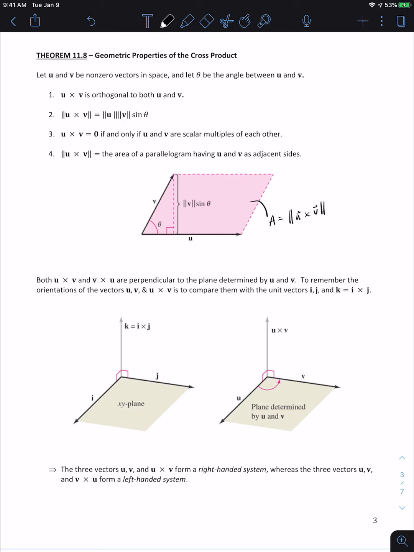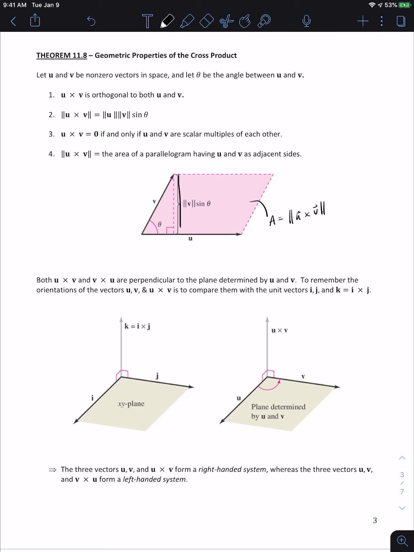And that makes sense because in order to find the area of a parallelogram, it would be the length of this side, which is the magnitude of u, times the height, which is the magnitude of v times sine of theta, because that's what the height is. And then if you look at property 2 there, that is exactly equal to the magnitude of the cross product.